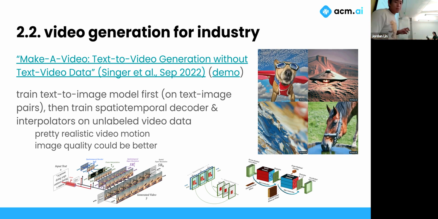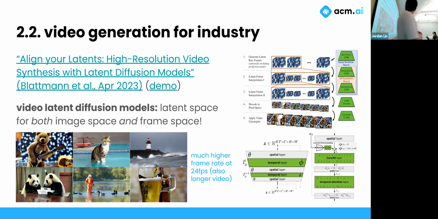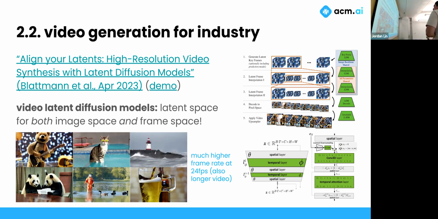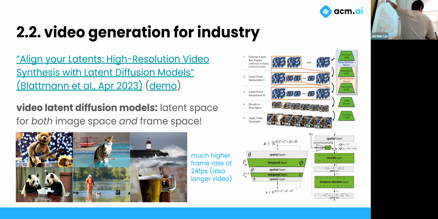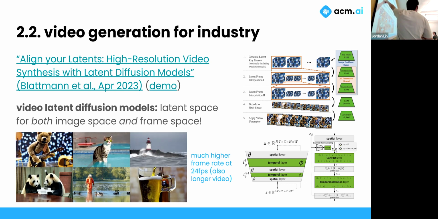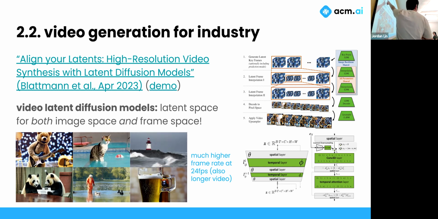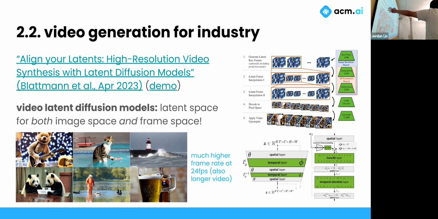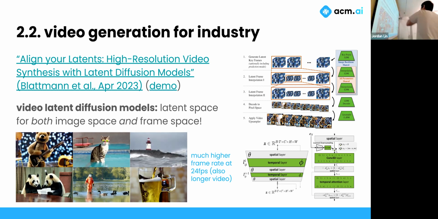Again, not open sourced. Then NVIDIA came out with Align Your Latents, high-resolution video synthesis with latent diffusion models. By the way, Blattmann et al., this Blattmann is also from LMU Munich, the CompVis group. They almost single-handedly started this whole open source stuff with Stability. But this was a paper from NVIDIA actually. Basically it's video latent diffusion models.